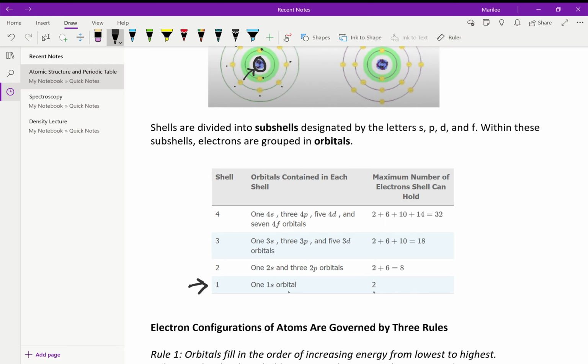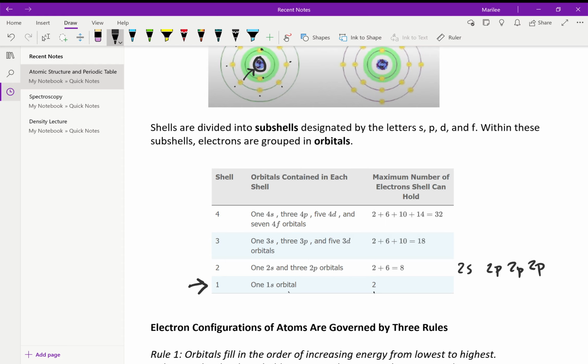So if we have one 2s and three 2p, let me write here, we have 2s and we have 3 2p's, 2p, 2p, 2p, right? If you add those up, 2, 4, 6, 8, there you got 8.